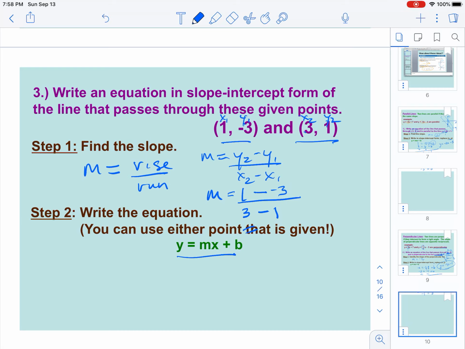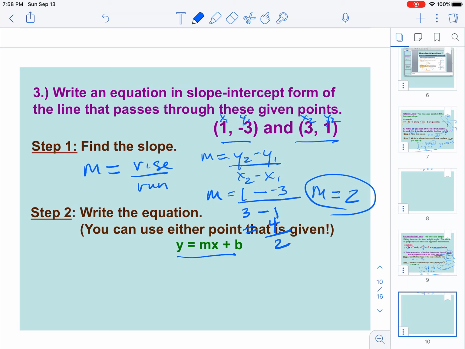When I simplify that, 1 minus a -3 is like 1 plus 3, so I get 4 in the numerator. 3 minus 1 is 2. So what I end up with for the slope ends up being 4/2 or 2.